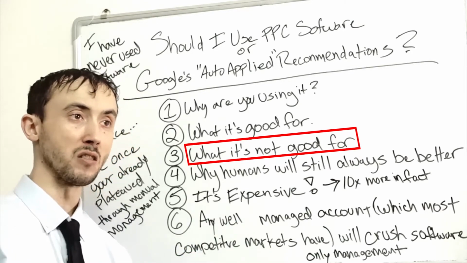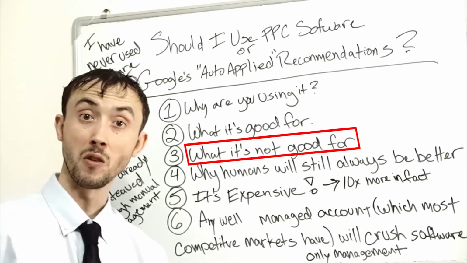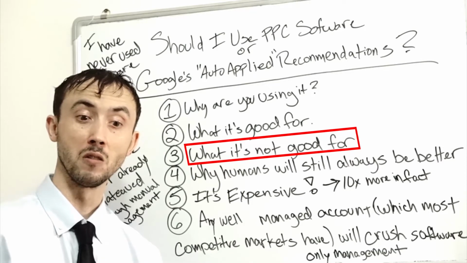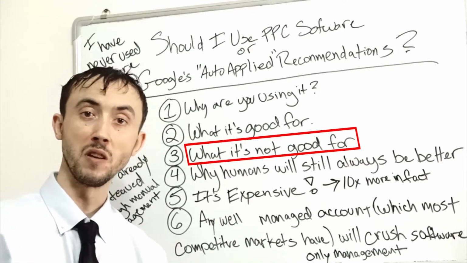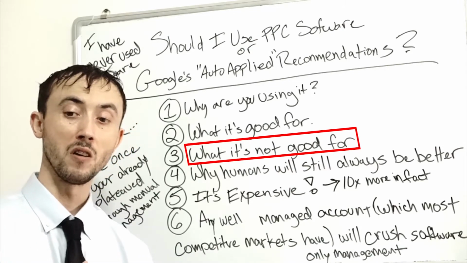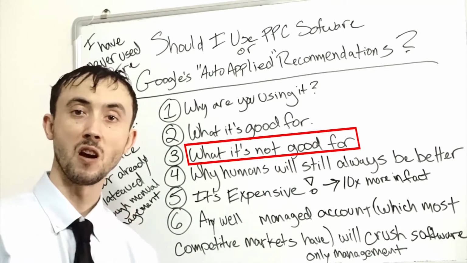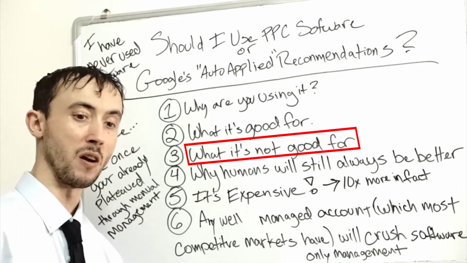That's certainly the case as well. But for stuff that you could easily manage yourself, or that a human could do, I would handle that through a human. You shouldn't rely on the software to do stuff that you could do manually on your own, because you're going to get much better results that way.